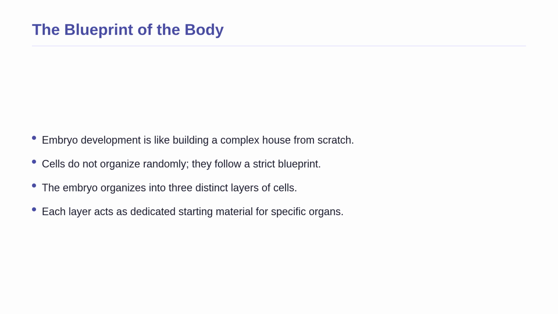Each part of the finished house comes from a very specific, dedicated starting material. In biology, a developing embryo does the exact same thing to build a living body. After the initial stages of development, the embryo organizes itself into 3 distinct layers of cells. Think of it as the ultimate sorting process, where every cell is assigned a permanent career path.